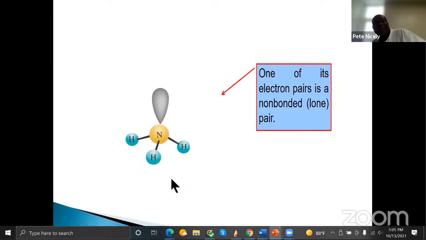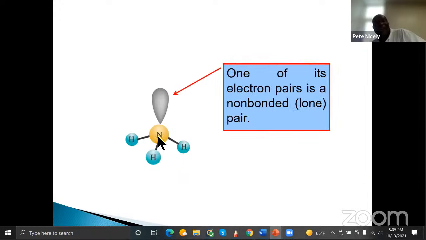Now, in the case of ammonia, the nitrogen will be bonded to 3 hydrogen atoms, as you can see here, and there's going to be 1 lone pair of electrons, or non-bonded pair of electrons, on the nitrogen atom. Now, the shape of the molecule, as I said before, is determined by the atoms. So in this case, the shape is determined by the nitrogen atom and the 3 hydrogen atoms, right?